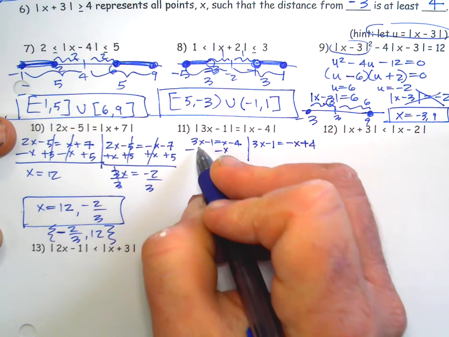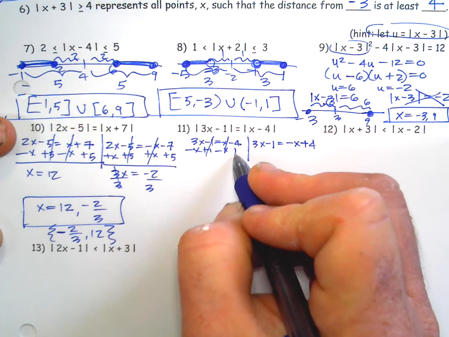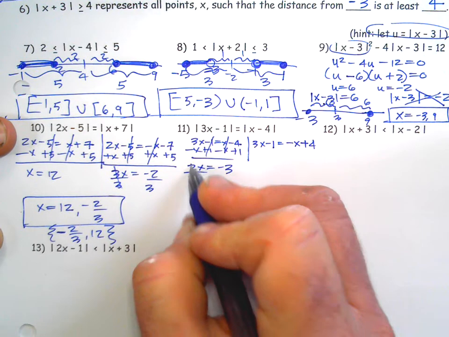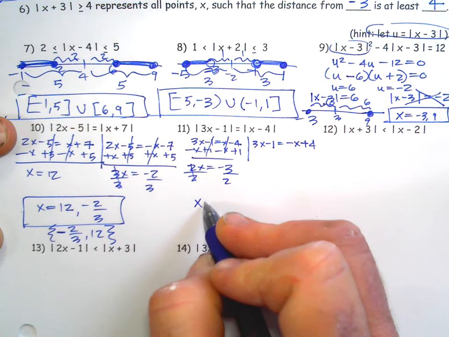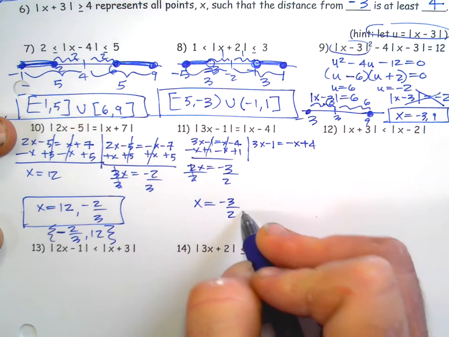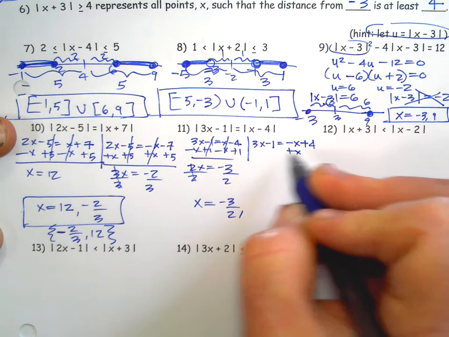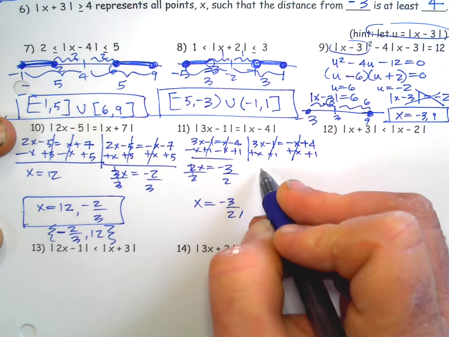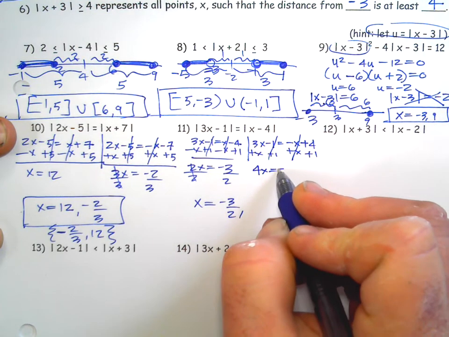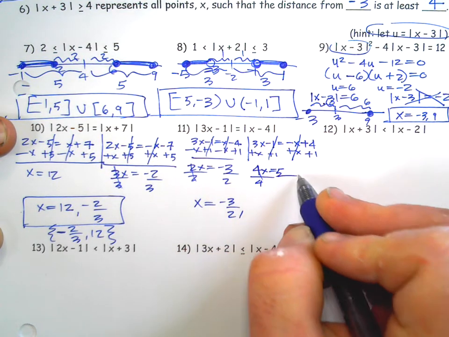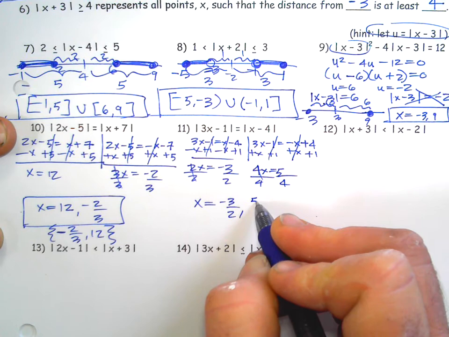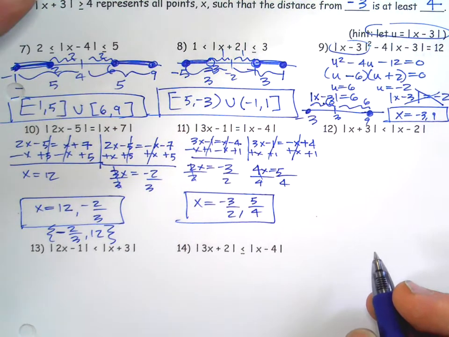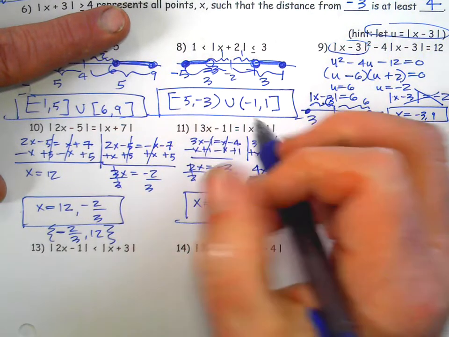Minus x, plus 1, 2x equals -3, x equals -3 halves, plus x, plus 1, 4x equals 5, x equals 5/4. So that's the best strategy on those, when it's absolute value equal to an absolute value.